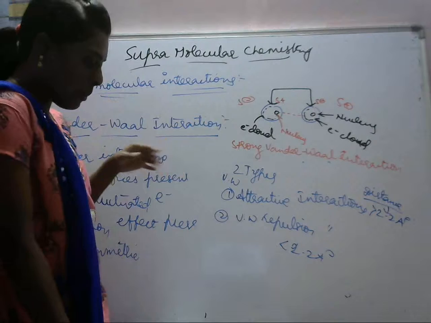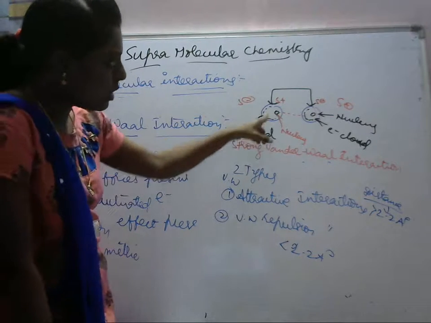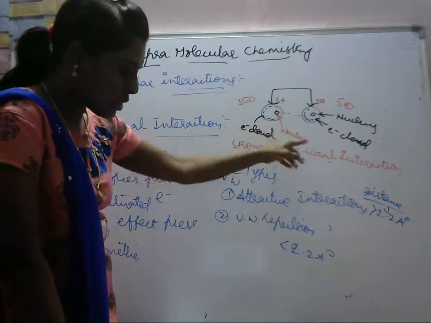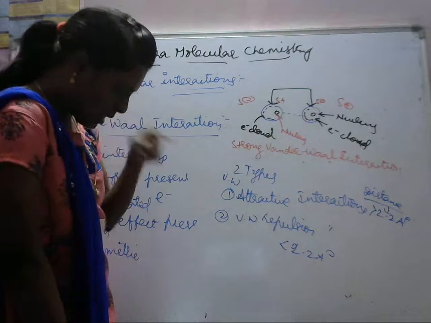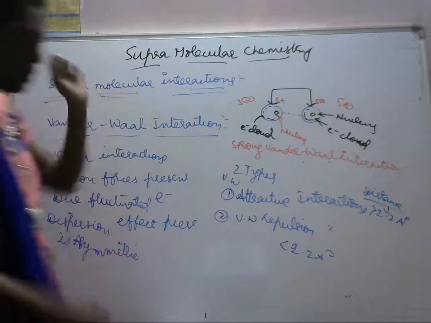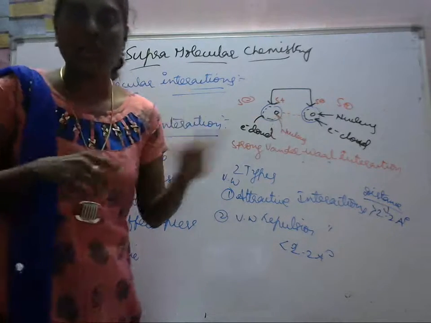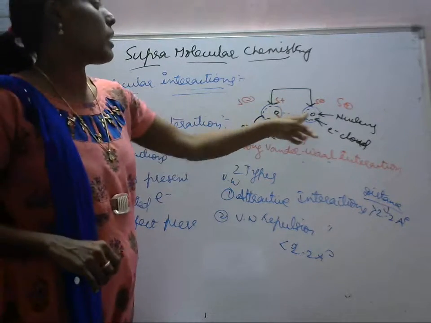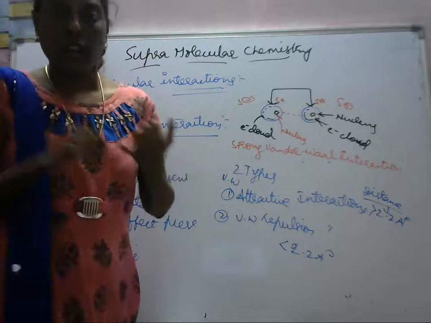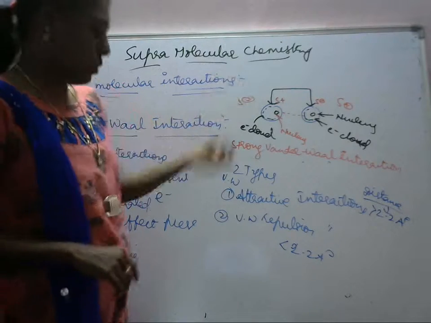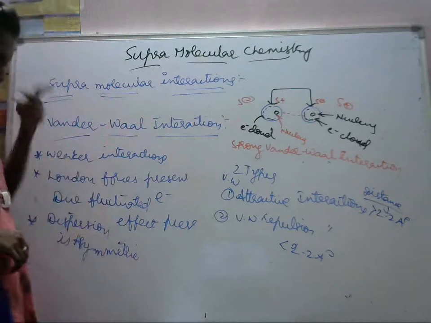So this is about electron distribution between two adjacent species, such that a partial positive charge shifts from one species to another, meaning one has a positive charge. So here there is attraction between the nucleus and another atom's electron.